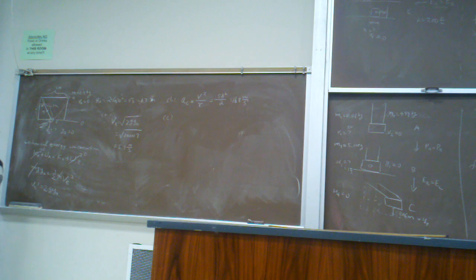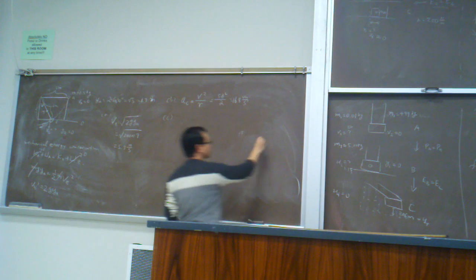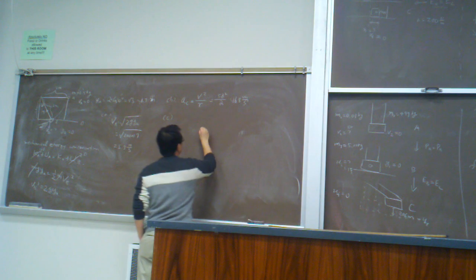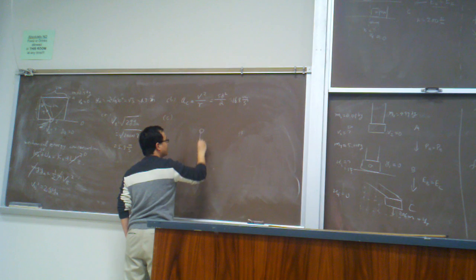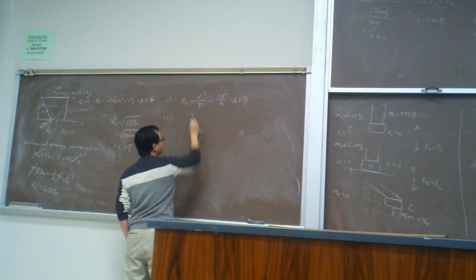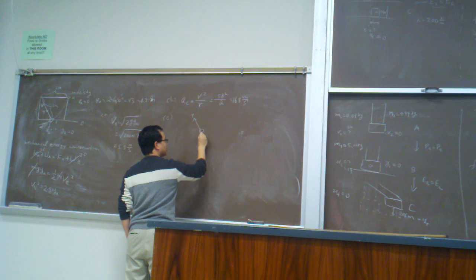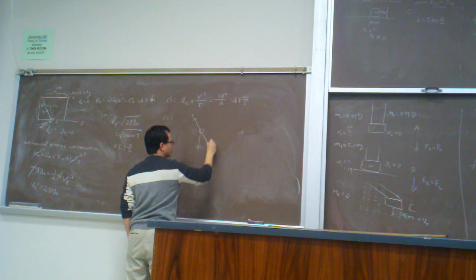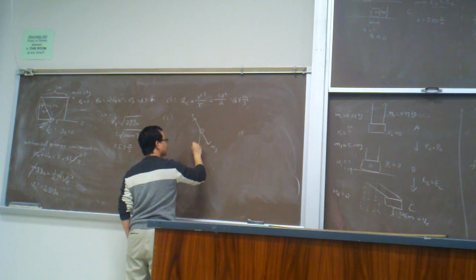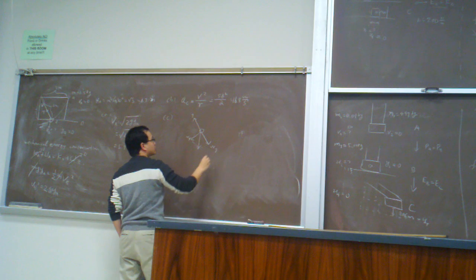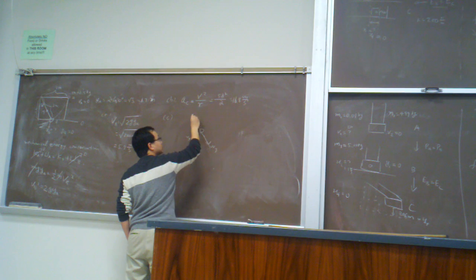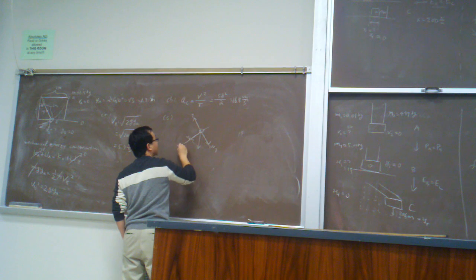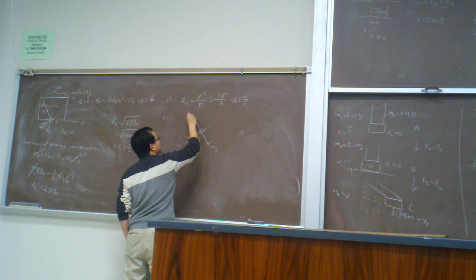centripetal acceleration. So what you have is, if I draw the graph here, you have gravity, you have the tension, you need to decompose the gravity. This is Wy, this is Wx. So this is our y direction, this is our x direction. Okay.